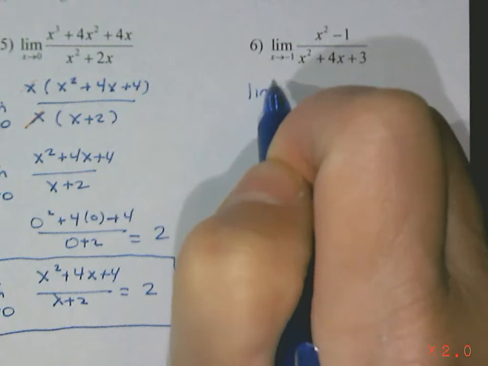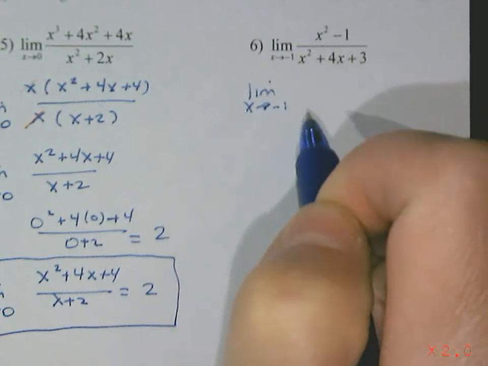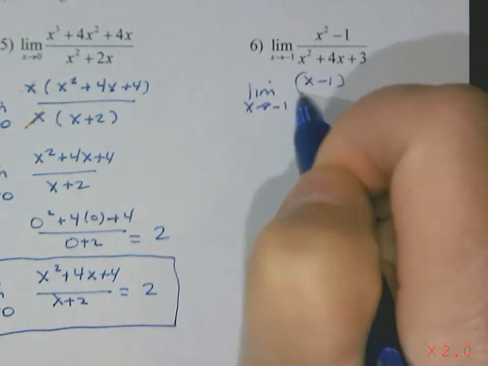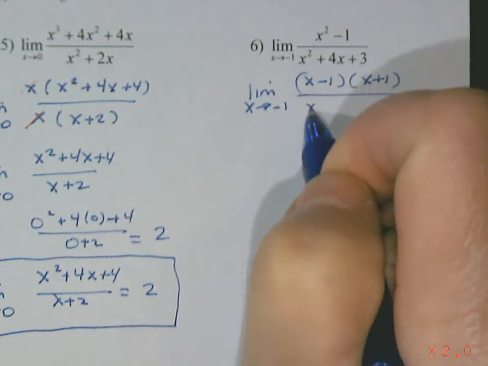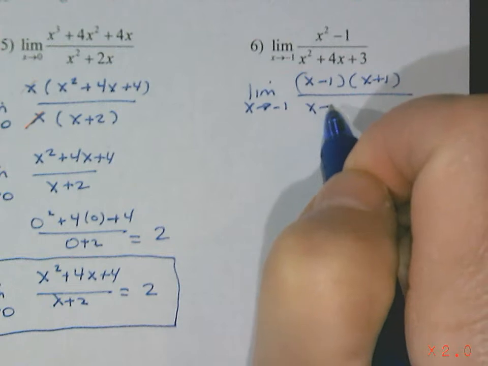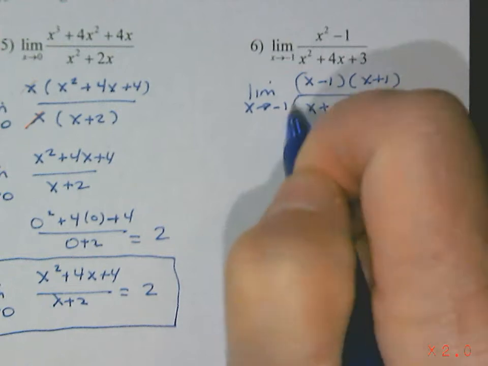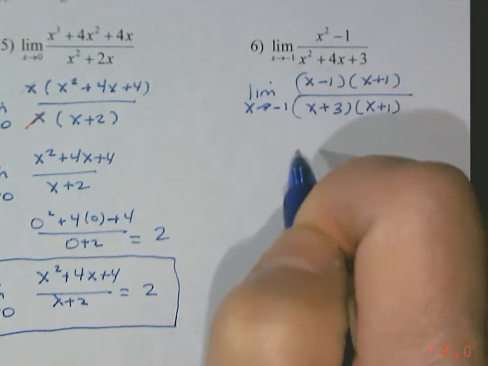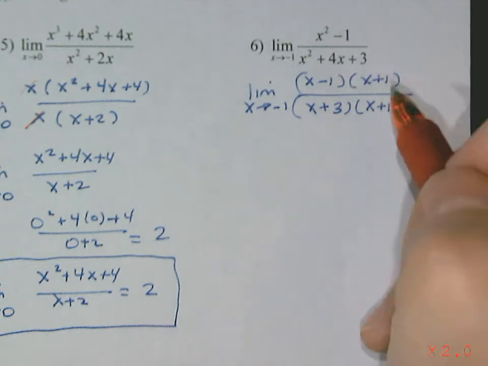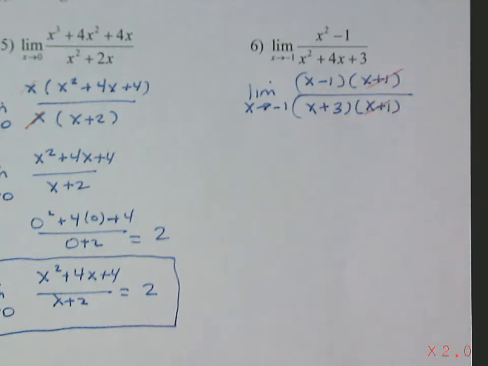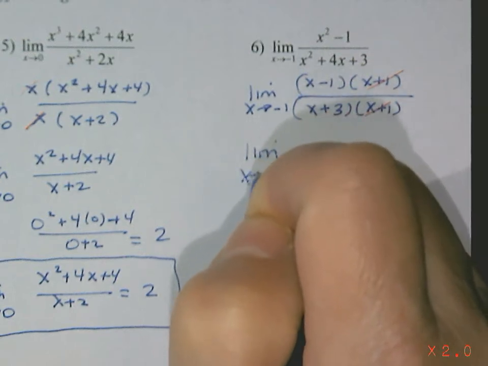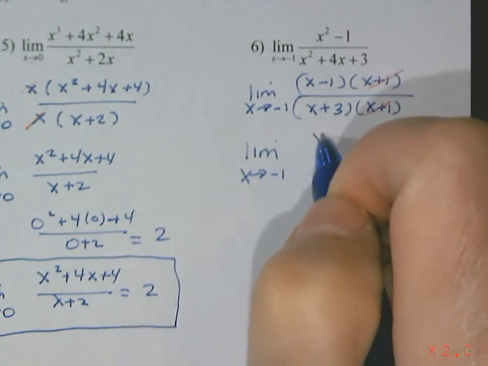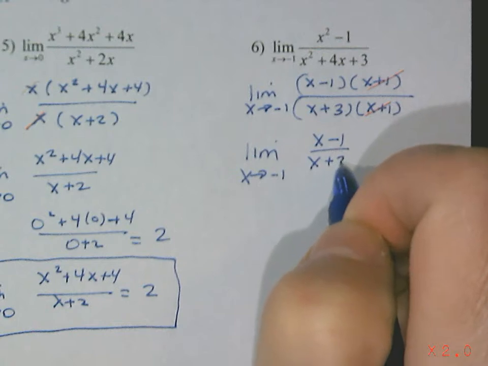I'd have the limit x approaches negative 1. My numerator is a difference of squares. My denominator is going to be a trinomial. Common factors are this x plus 1. So I have the limit as x approaches negative 1 of x minus 1 over x plus 3.